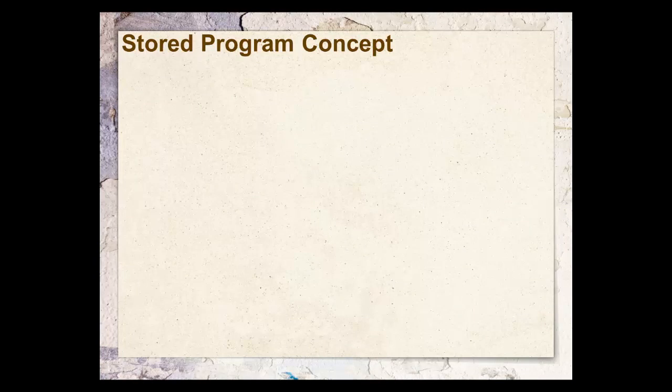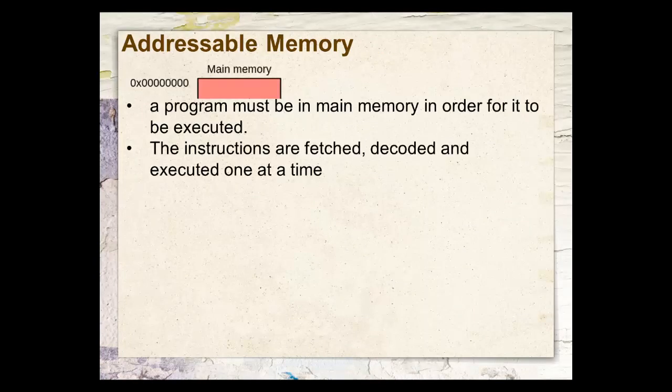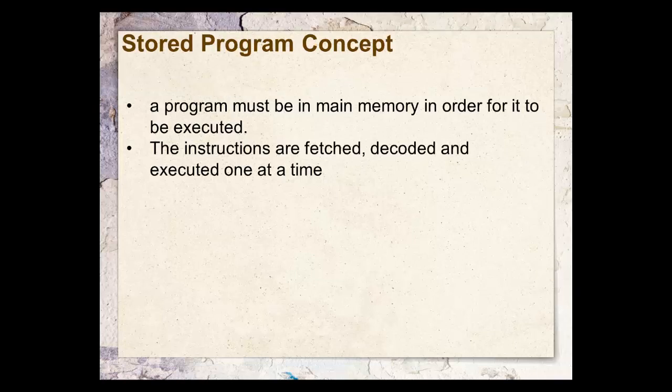This idea of addressable memory came from two other people, one we've already met and another one we know of. The stored program concept is exactly what was written down there. The idea is that we store a program in main memory, then fetch the instructions from that main memory, decode and execute them one at a time.